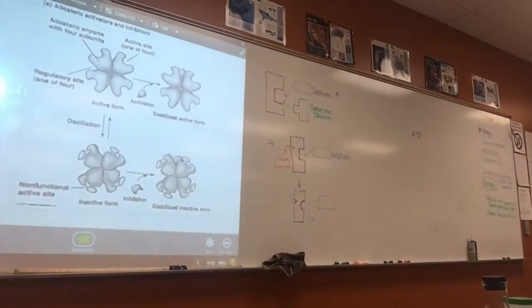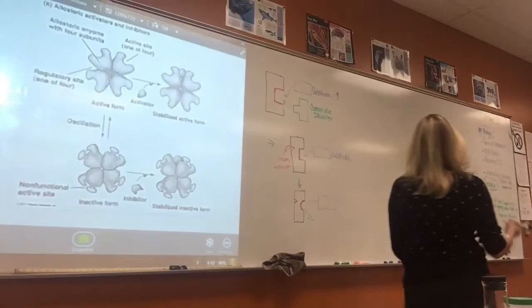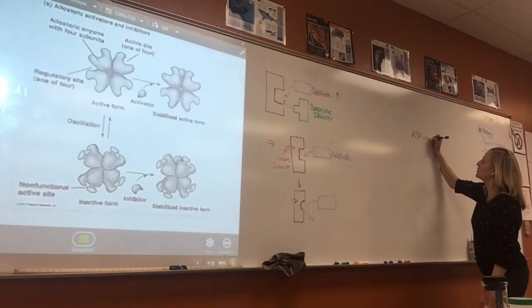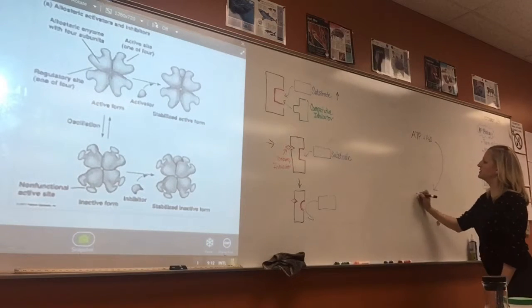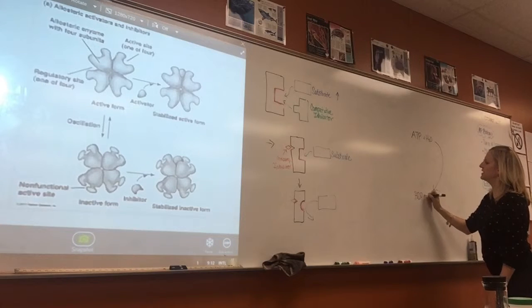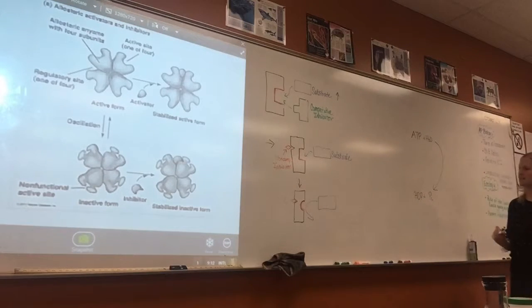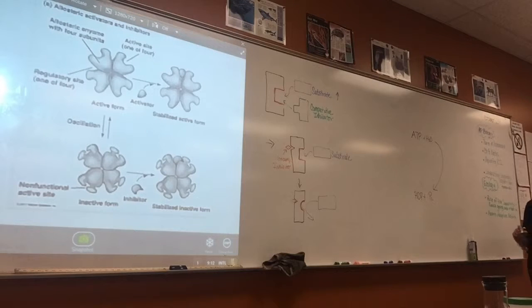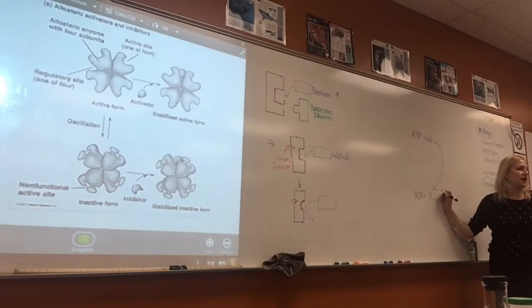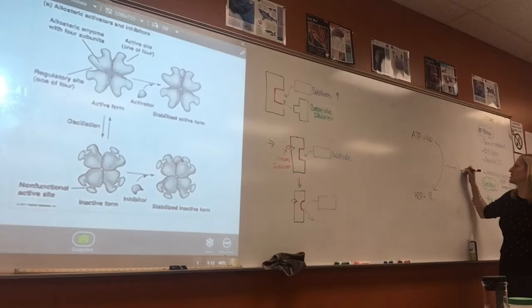That's hydrolysis: we add water to ATP and it breaks down into ADP, and when that phosphate breaks off, if it's not attached to anything, it's called an inorganic phosphate. Is this reaction exergonic or endergonic? Does it release energy or need energy? It releases energy, to do work for the cell.